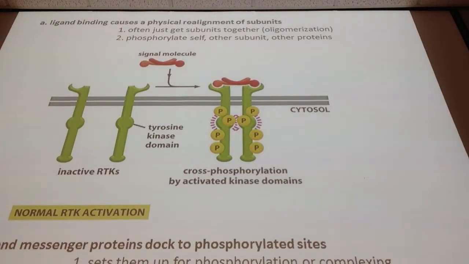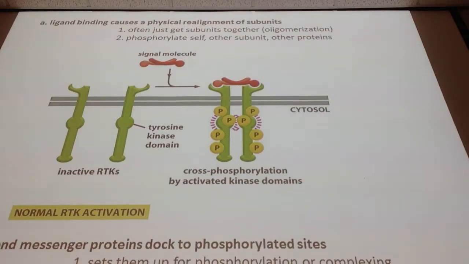Here's how, in general, all receptor tyrosine kinases work: you always have two molecules of this receptor. If you only have one, it will never work. So you have two. But normally there are two things about it. Number one, the two are not active and they're not even touching each other, right?